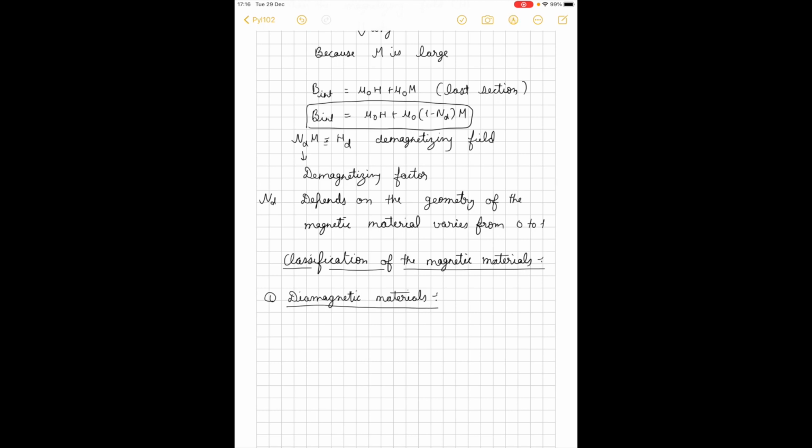You apply an external magnetic field, and the material tries to exclude the magnetic flux.